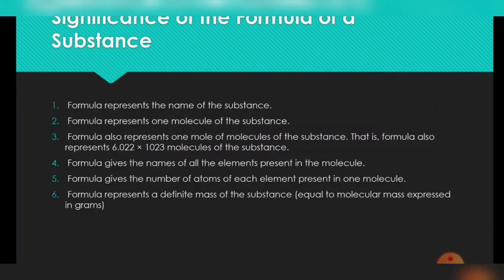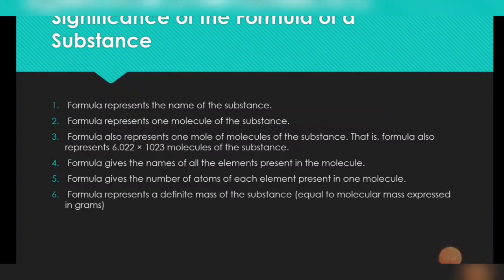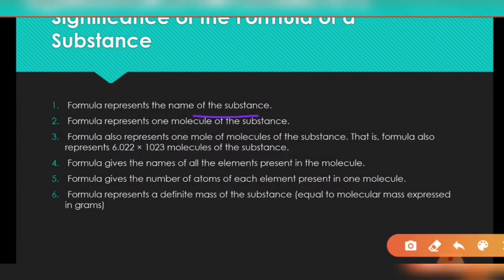Now what is the significance of the formula of a substance? The significance is that it represents the name of the substance, first point. It also represents the molecule of the substance, the molecule of the compound that we have learned now. It also gives all the elements involved in forming a particular compound, plus the number of atoms required to make that particular compound.